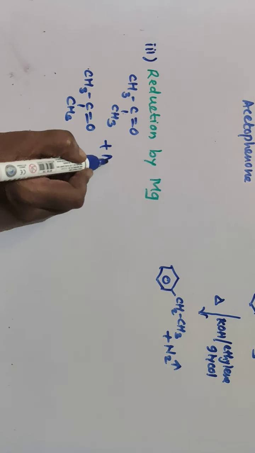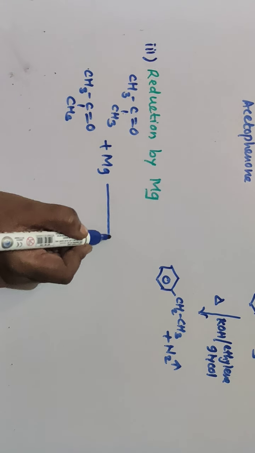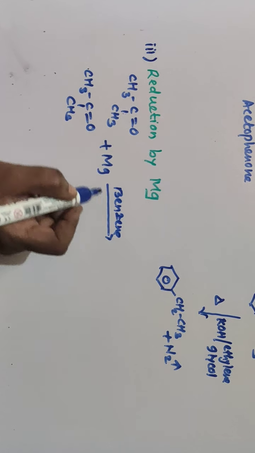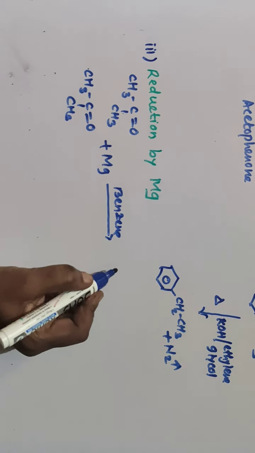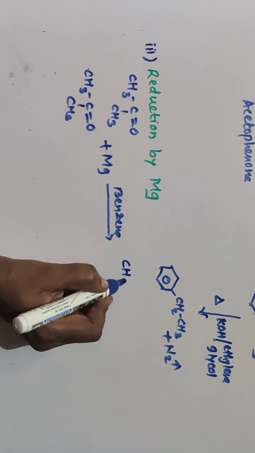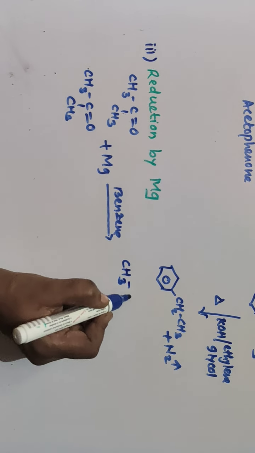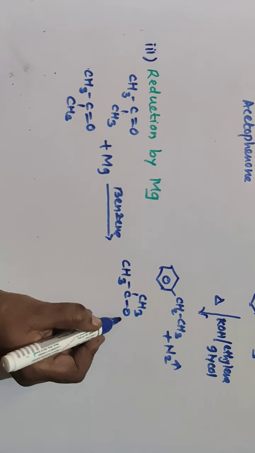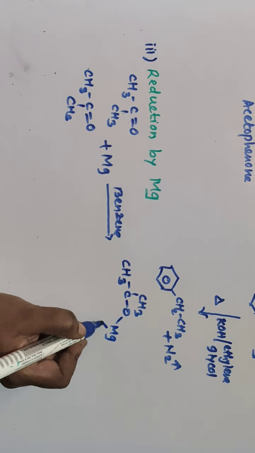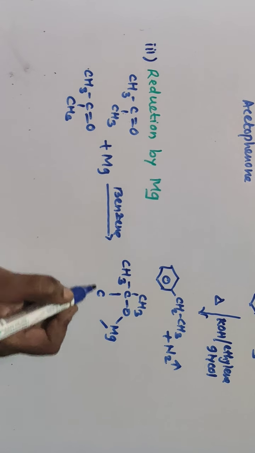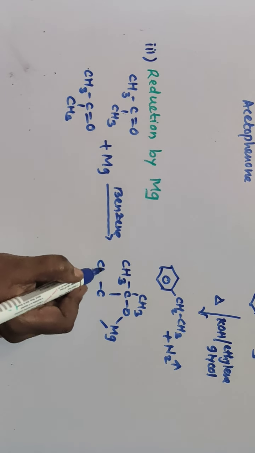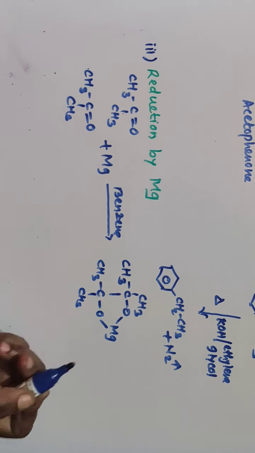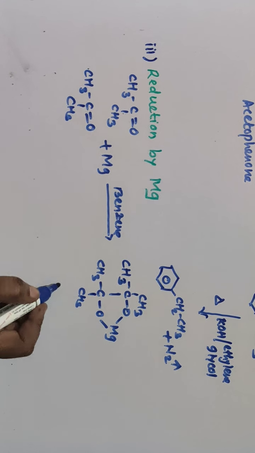When these are treated with magnesium in the presence of benzene, there is an addition of magnesium to both the molecules and you will get a complex product, CH3, CH3, O is already there, Mg. Then the second one again, CH3, CH3, O, Mg. And this is your magnesium complex.